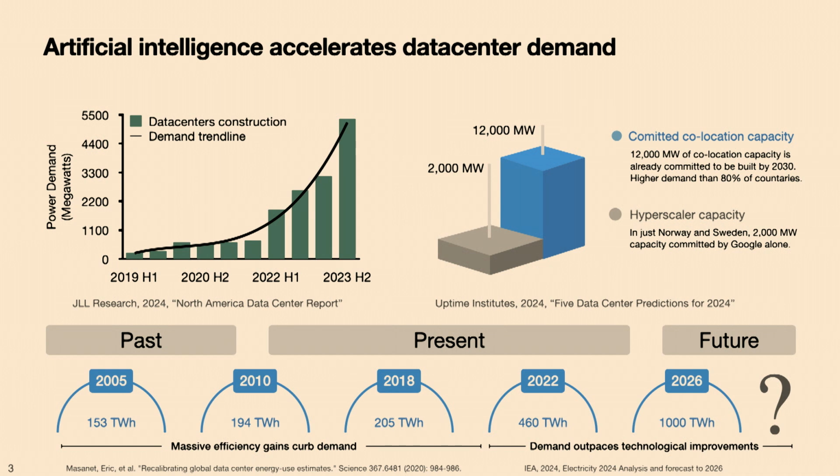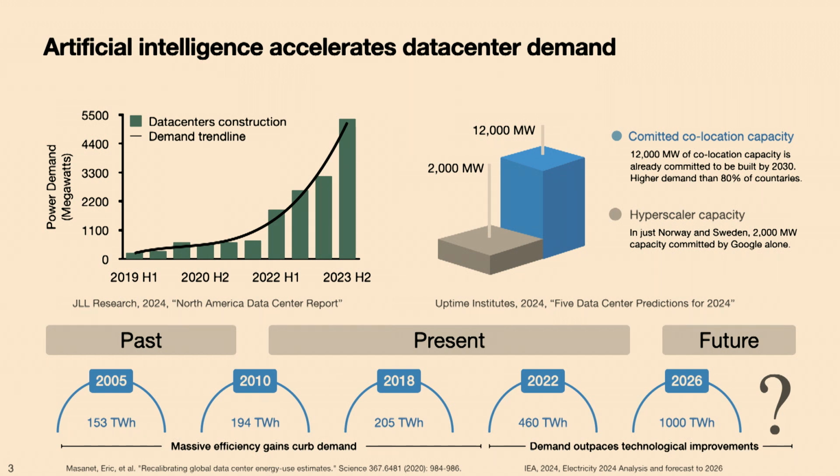This is more than the electricity capacity of 80% of the countries worldwide. And big companies alone are building massive data centers. For example, Google, in just two locations, Norway and Sweden, is building 2,000 megawatts of data centers over the next decade.